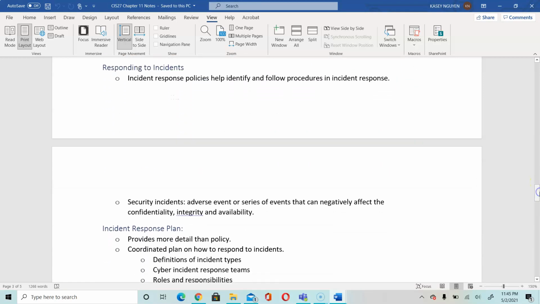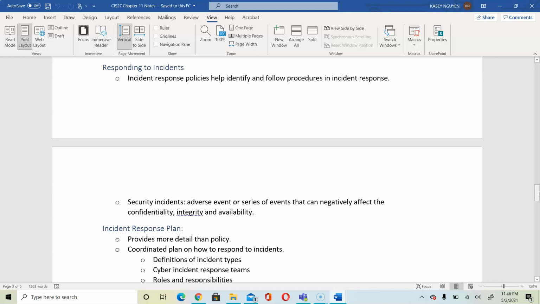As an incident happens, we have to have policies and procedures for incident response. The incident response policy helps identify what kind of procedures we need to follow and who the people are who would carry out those procedures. The procedures list the activities, the steps on what needs to be done.